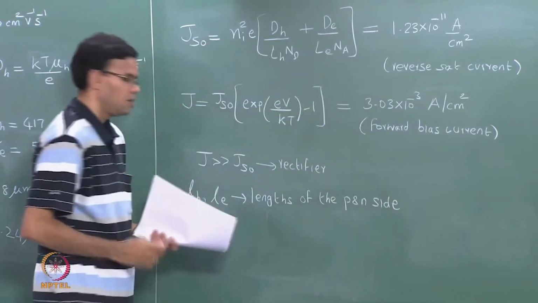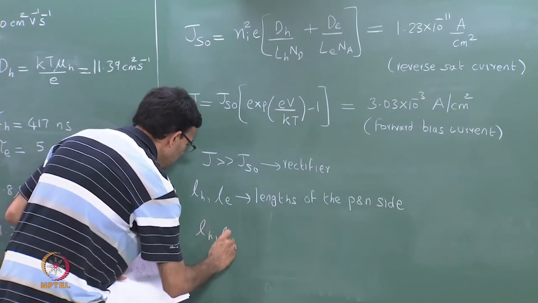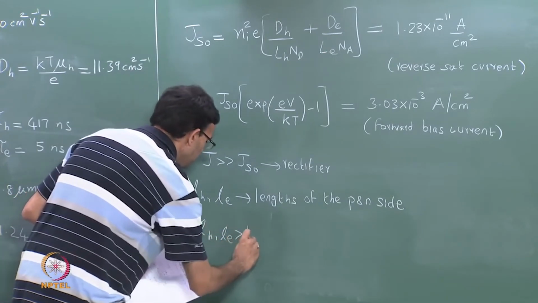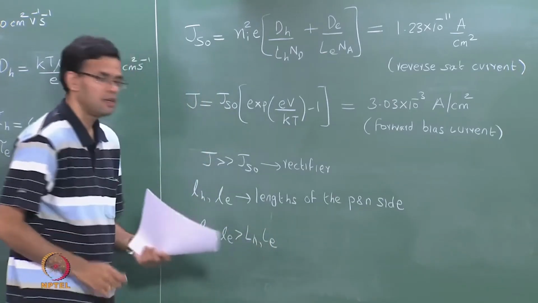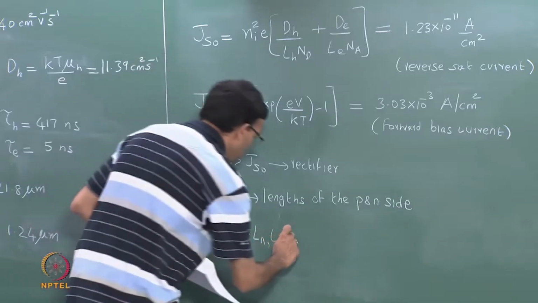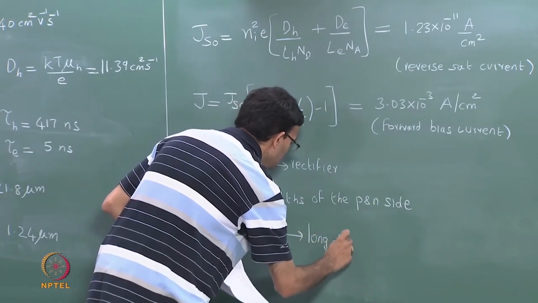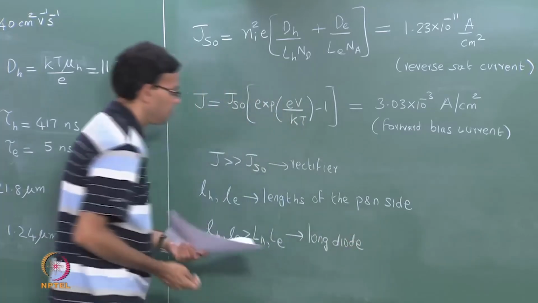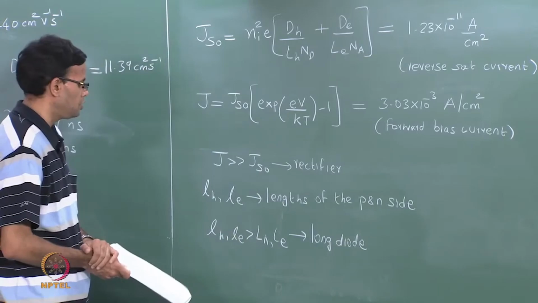So we have assumed that LH and LE are larger than the diffusion lengths. So, this kind of a diode is called a long diode. So that the diffusion lengths are what goes into this equation.